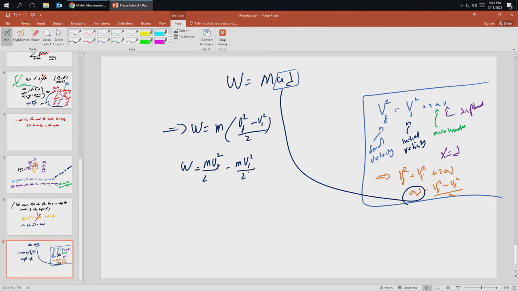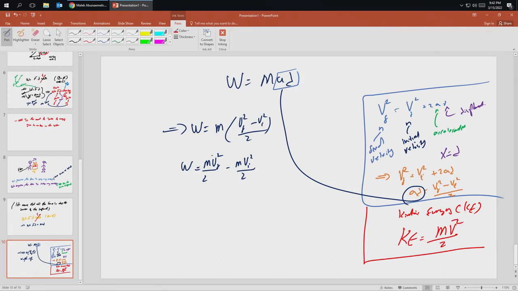If we remember, that actually looks like a really familiar equation that we have seen before, which is your kinetic energy. I'm going to give it the letter Ke. And we said the kinetic energy is going to equal mv squared over 2.